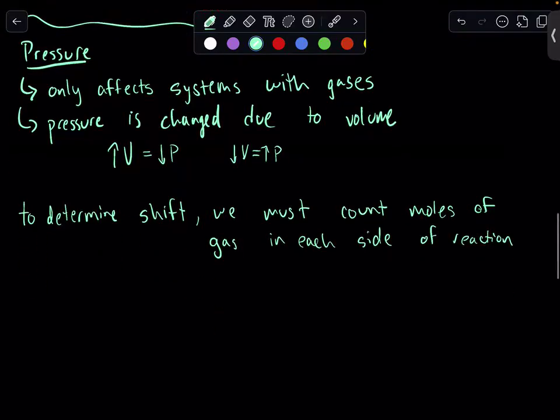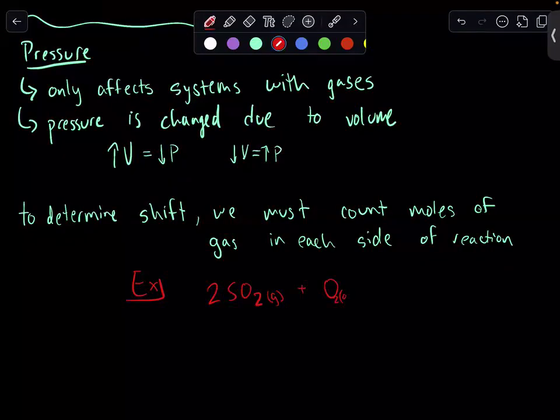So for once, I'm not going to use the Haber process, but we'll come back to it later. Don't worry. In this example, we'll say 2 sulfur dioxides, gas, plus 1 oxygen, gas, is in equilibrium to produce 2 sulfur trioxide gases.